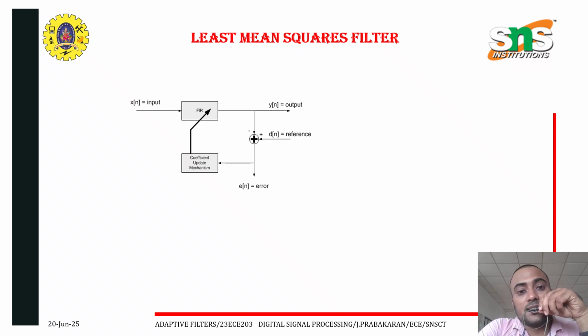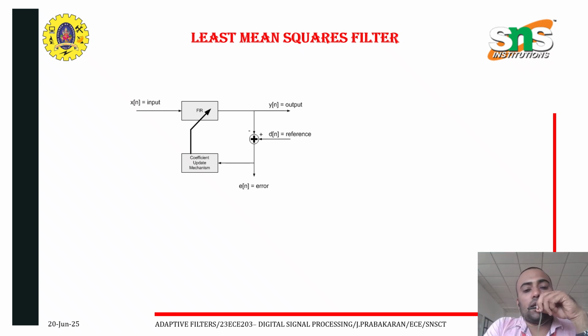Y of n is compared with the reference signal d of n to produce the error signal, which is e of n. This error is used to adjust the filter coefficients in the coefficient update mechanism. The goal is to minimize error e of n, making y of n closely approximate d of n. This is how it works.